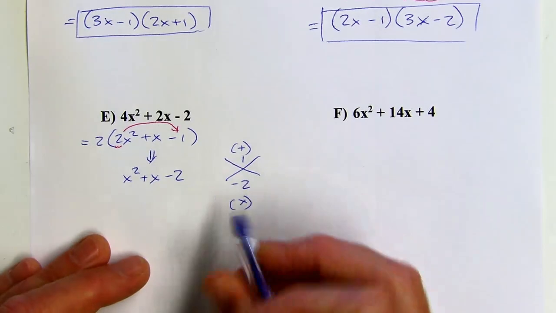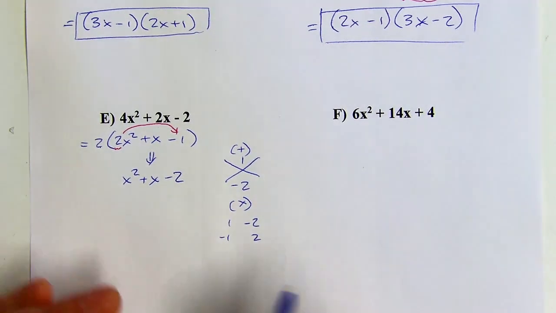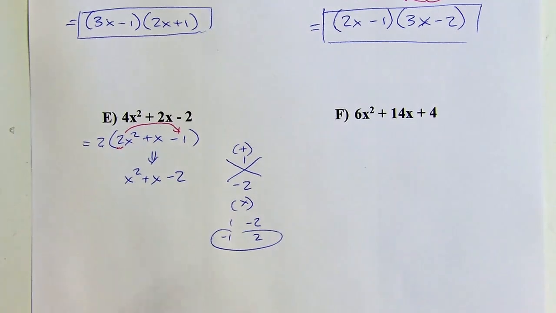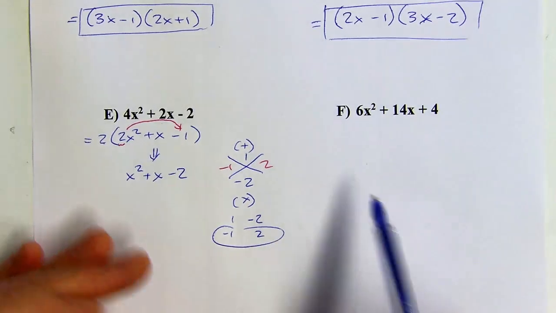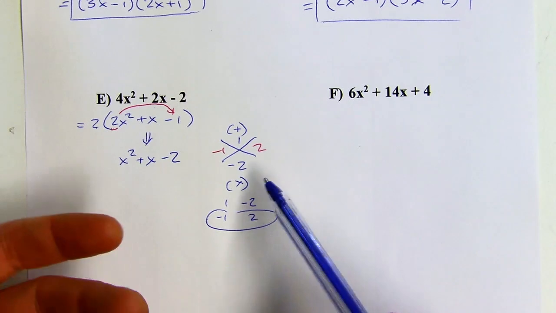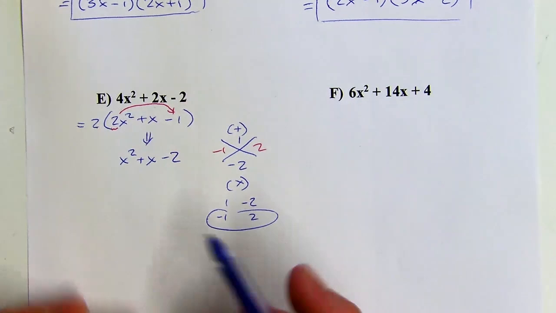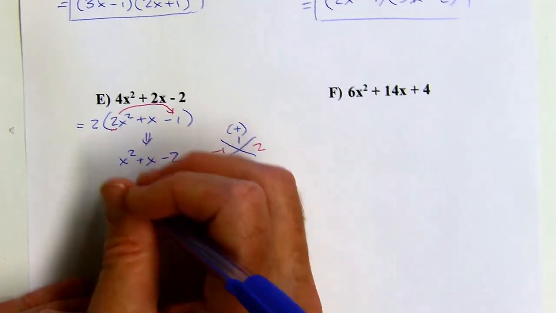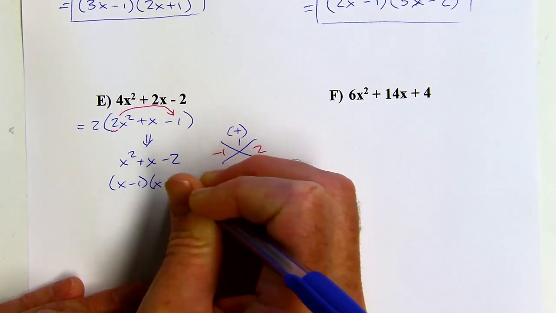Not too many ways to multiply to get negative 2. Those are my only 2 combos, and this is the winning one. Okay. By the way, if you ever do one of these diamond problems and there just isn't a pair that works, it just means that the trinomial is not factorable. So that is possible. Okay, so this factors into x minus 1 times x plus 2.